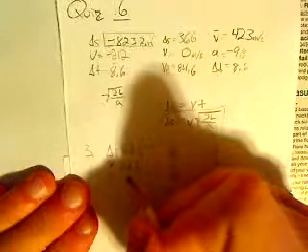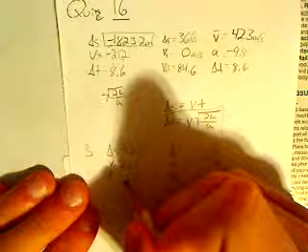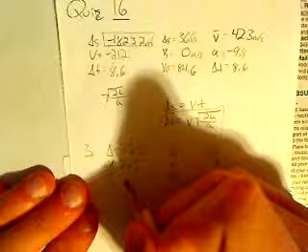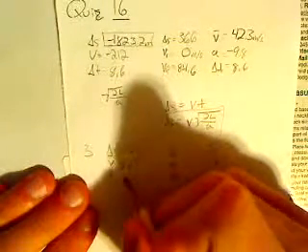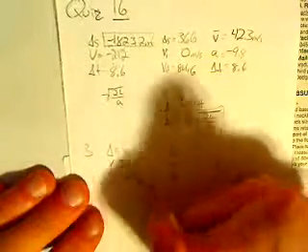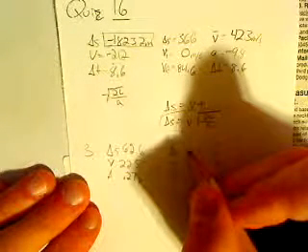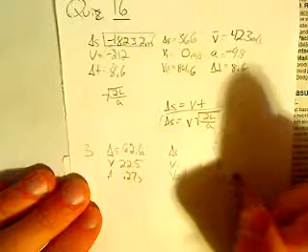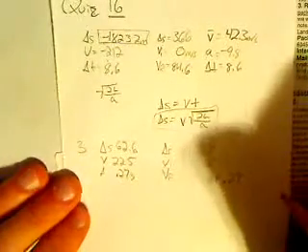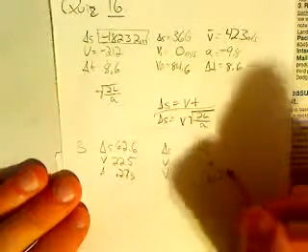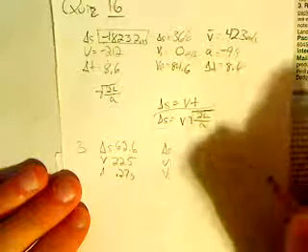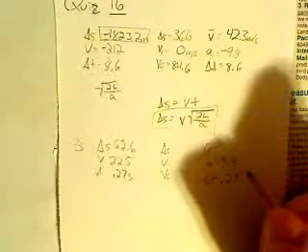So again, to find the time, we're going to take the distance divided by the velocity, and that's going to give us 0.27 seconds. And that's going to be the same for the y dimension. Then we also know that the acceleration in the y is going to be negative 9.8 as usual.